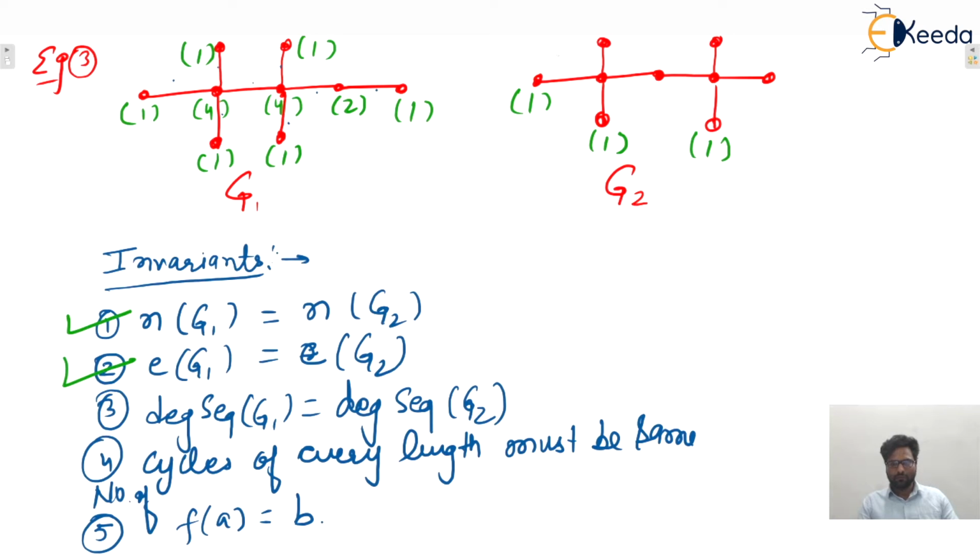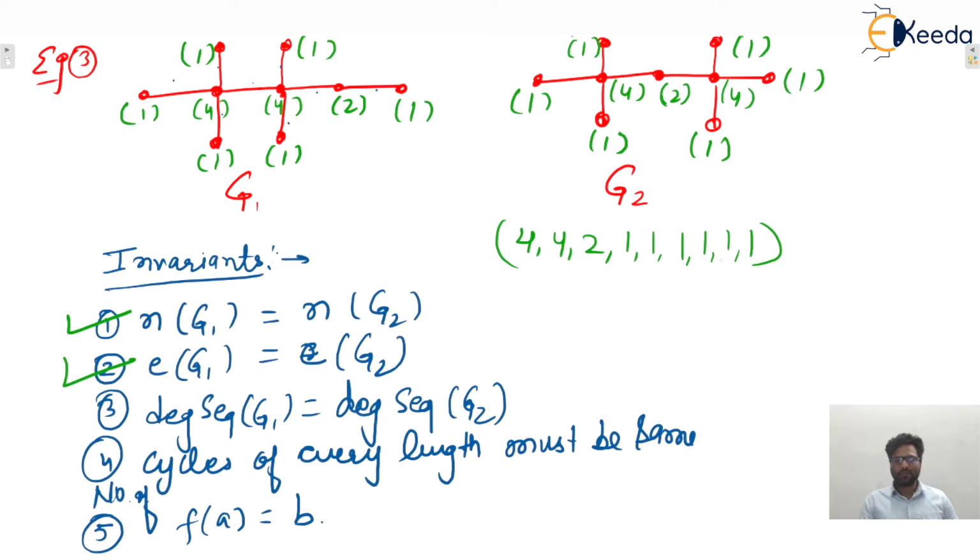So degree 1, here also degree 1, degree 4, degree 2, degree 4, and here degree 1, here degree 1. In both the cases, the degree sequence will be 4, 4, 2, 1, 1, 1, 1, 1, 1. I think 6 ones are there. In both the graphs, the degree sequence is also the same.